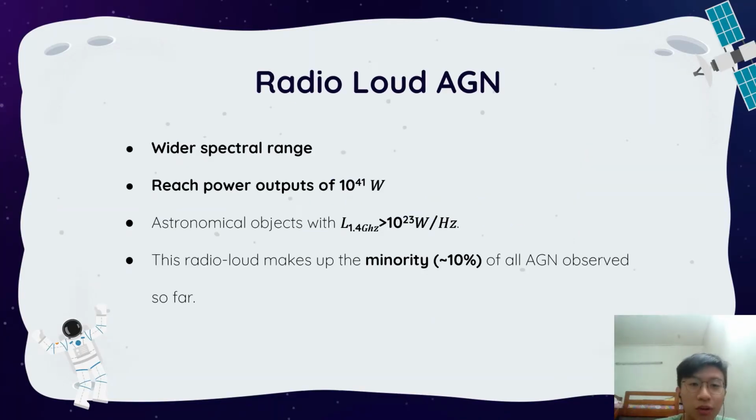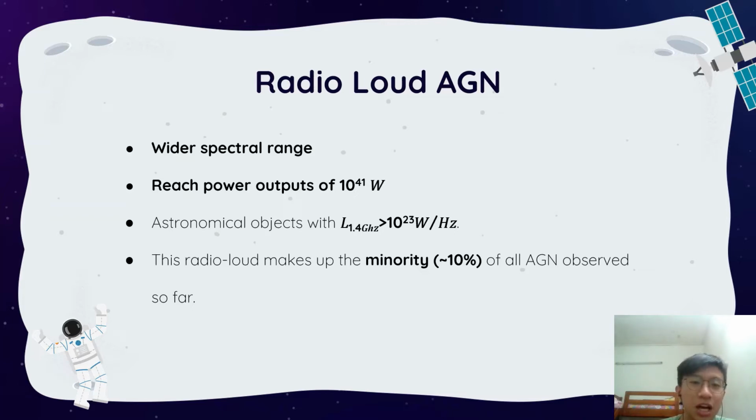Radio-loud AGN are often powered by a central astronomical object, the supermassive black hole. The main feature that separates the AGN from the normal galaxy is the wider spectral range in the broadband continuous emission. The AGN can often power an output of 10 to the power 41 watts within a relatively small region.